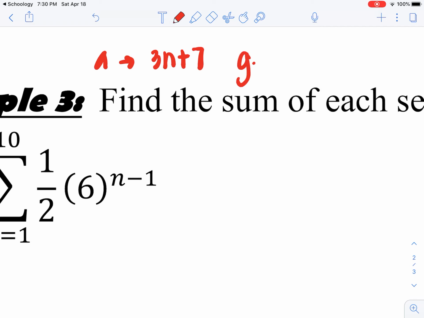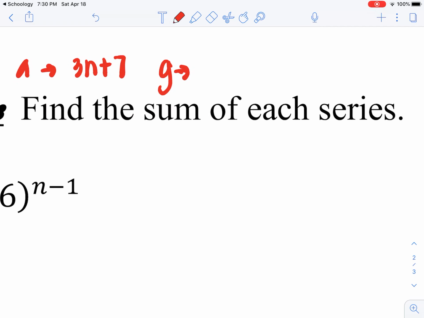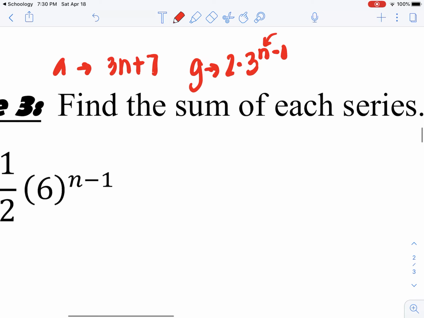Geometric looks like an exponential function, right? So 3 to the nth power, or 2 times 3 to the n minus 1 power. If there is an exponent that is a variable, that is an exponential function, and therefore it's geometric.